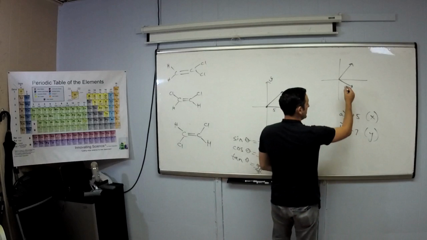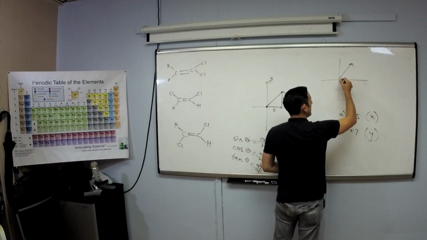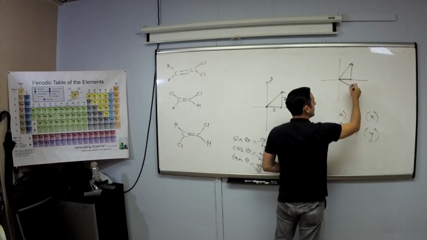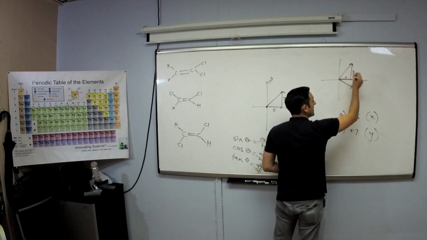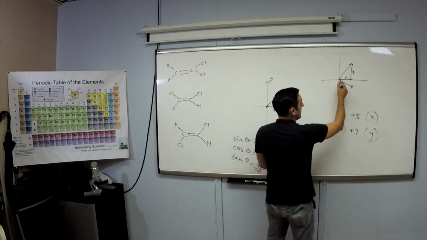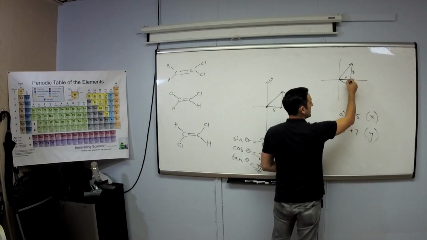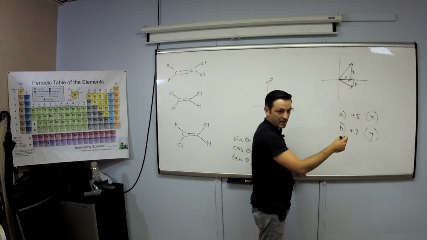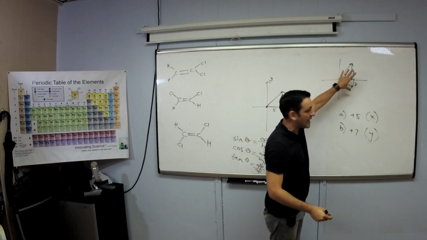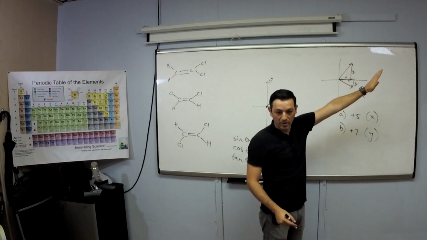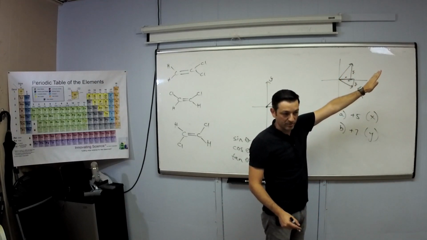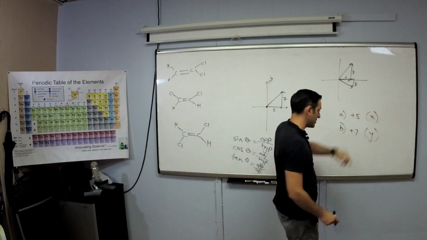What you could do is say, I'm going to take this vector and break it up into this triangle to get its y piece and its x piece. I'm going to take this vector and break it up into this triangle to get its y piece and its x piece. Do you see that? And add the x's and add the y's and give me an overall mathematical result. Do you see how that works?